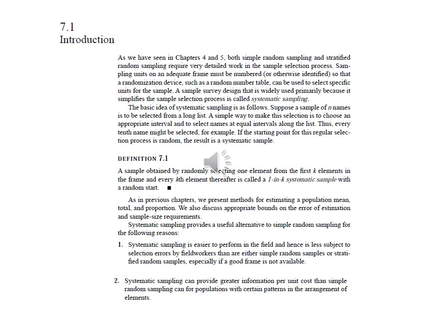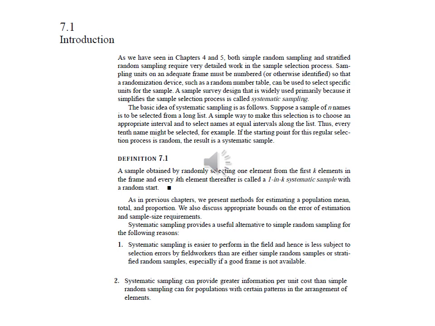A simple way to make this selection is to choose an appropriate interval and to select names at equal intervals along the list. Thus, every tenth name might be selected. If the starting point for this regular selection process is random, the result is systematic sampling. There is a systematic process for choosing the elementary units.